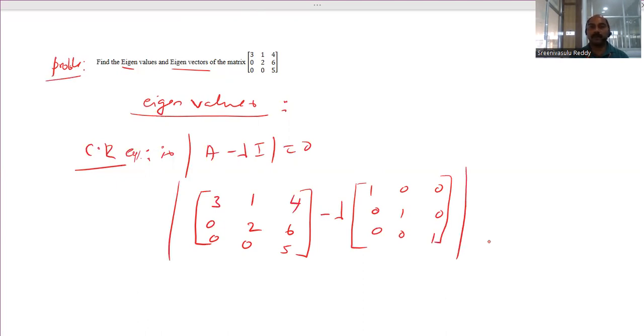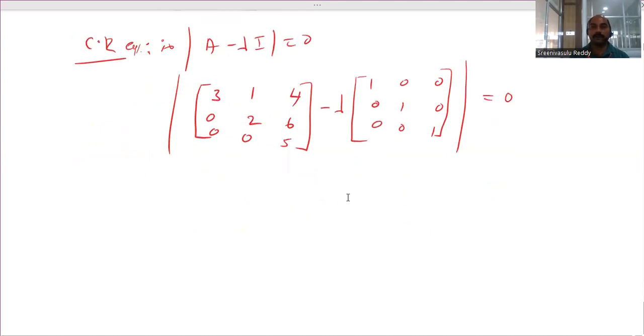Determinant equal to 0. So simplify this, or find the determinant value.